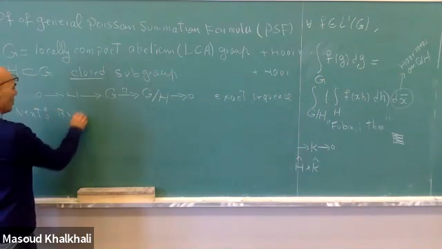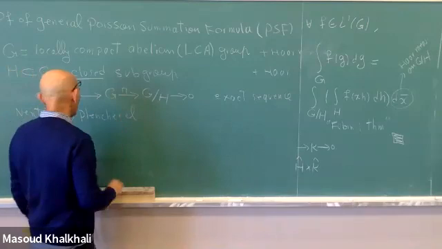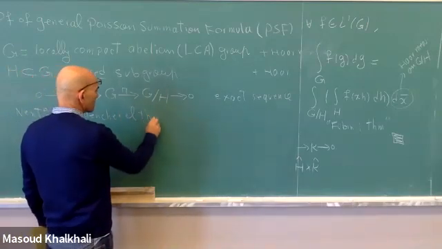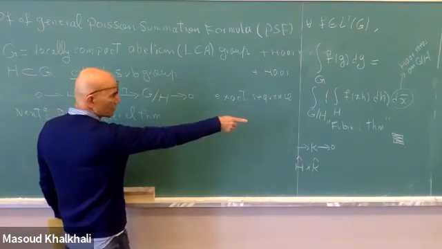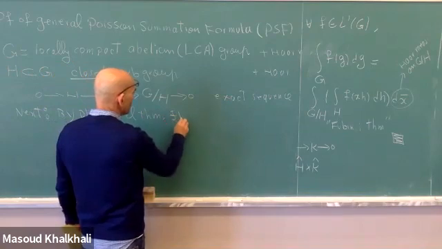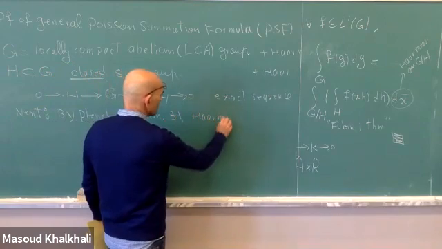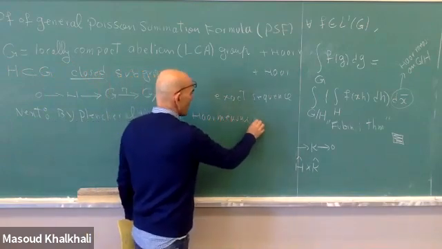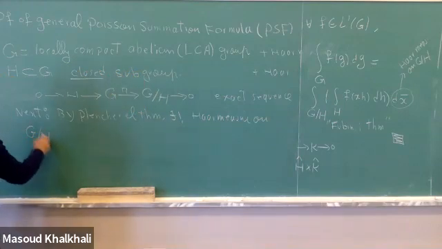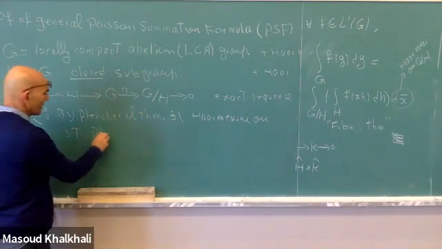By Poisson theorem, which I did not prove, but I gave examples, there exists a unique Haar measure on G over H, such that, of course, Poisson theorem holds.